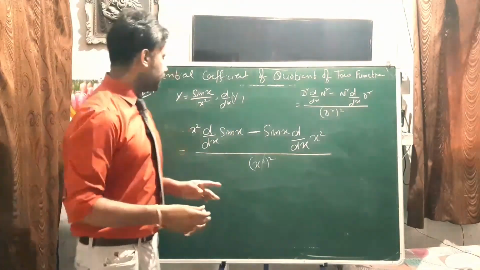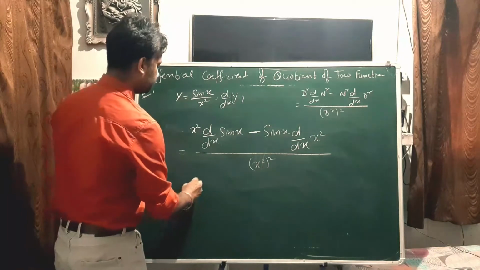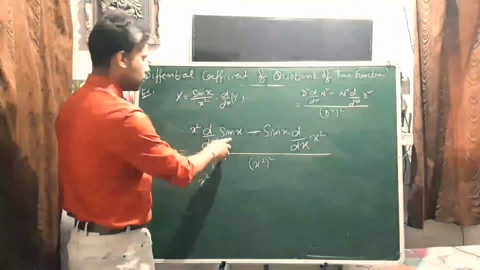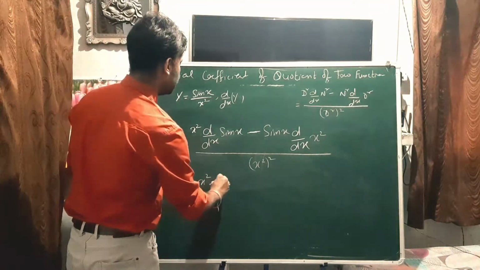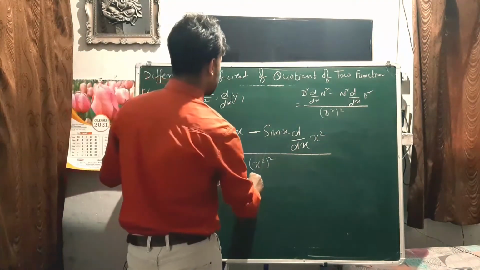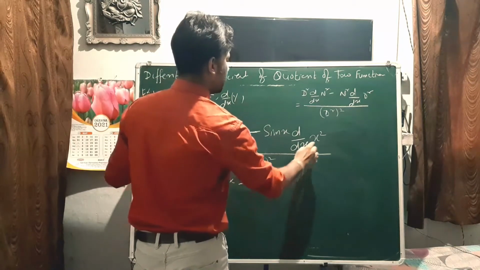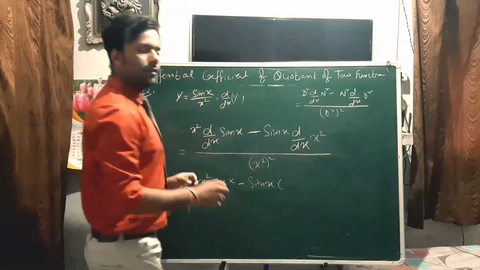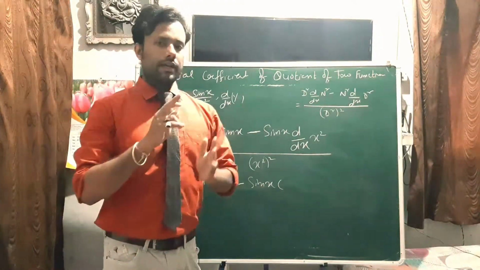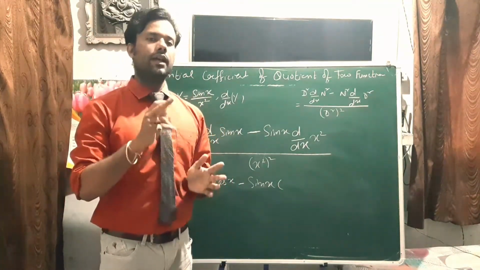So let's solve it. x square. What is the differentiation of sin? It is cos. So x square into cos x minus sin x. Now when you solve d by dx of x square, the formula was d by dx of x to the power n is n x to the power n minus 1.